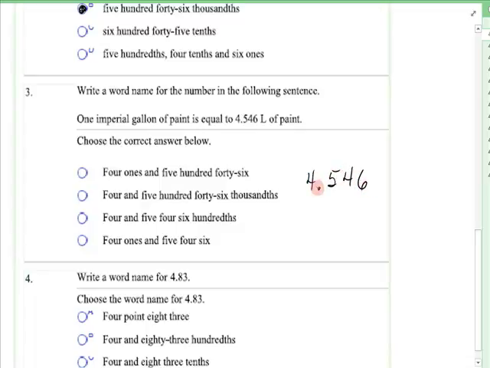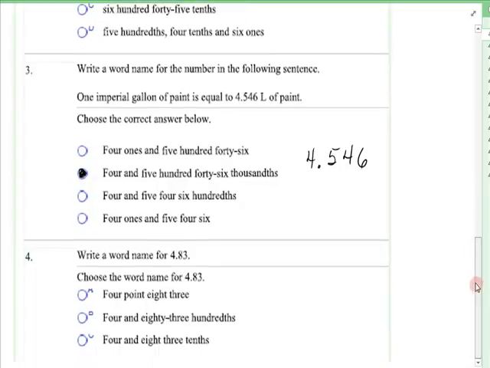So 4 and 546 thousandths. It is customary for 2-digit numbers to hyphenate those. There's nothing else that is even close to the right answer. All right, let's look at one more.